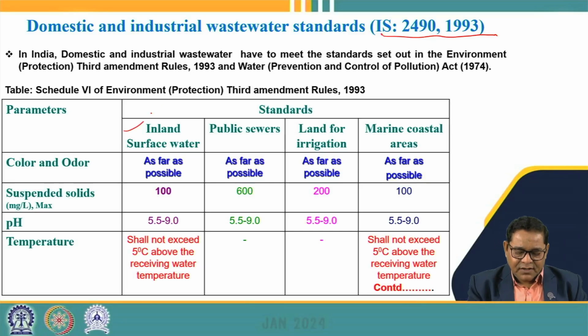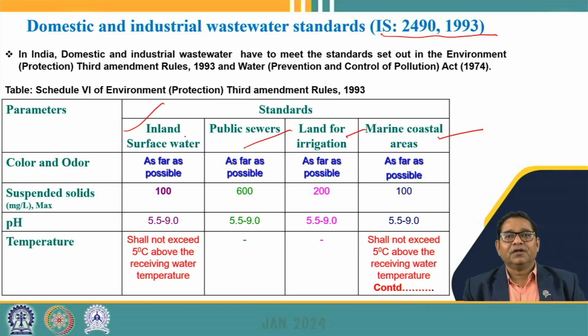Here we can see the different modes of disposal, like the treated wastewater that can be disposed directly onto surface water bodies, or discharged into public sewers. It may also be used for land irrigation, whereas wastewater can also be disposed into the marine waters or the oceans, depending upon the proximity of the mode of disposal.